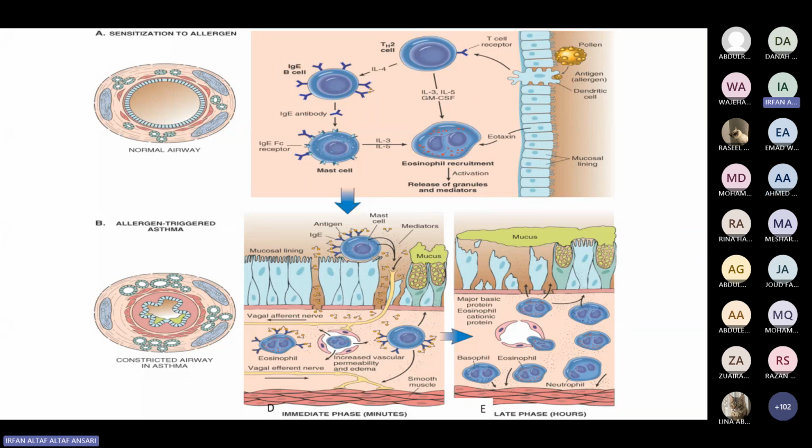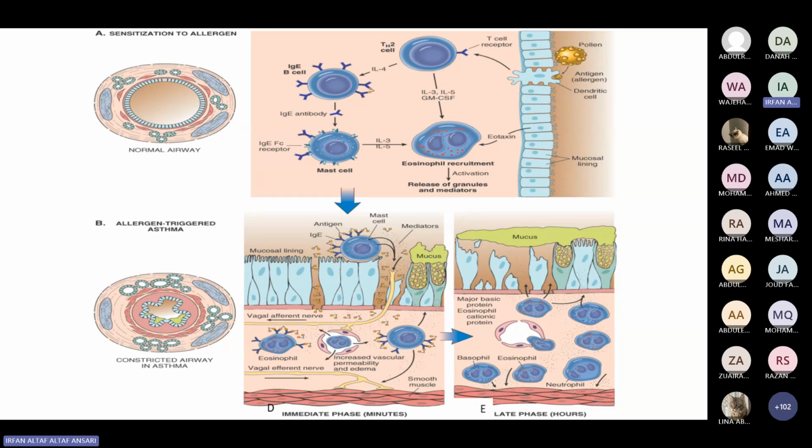Okay, so this is the immediate phase. Within minutes, what will happen? The T helper cell will get activated, the IgE will bind, and they will bring mast cells. The mast cell will undergo degranulation. This degranulation will secrete certain mediators that act through the autonomic nervous system via the vagus nerve and cause immediate bronchoconstriction.